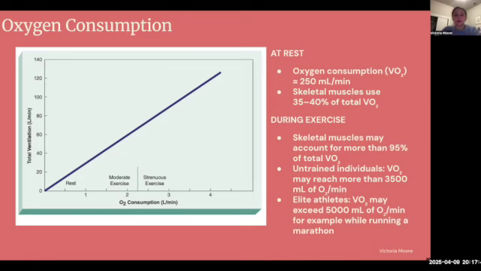So if you look at this figure right here from chapter 18, you'll see that the oxygen consumption and the total ventilation have a linear relationship. So that means the harder you work, the more strenuous your exercise is, the more increase in your ventilation you'll have.